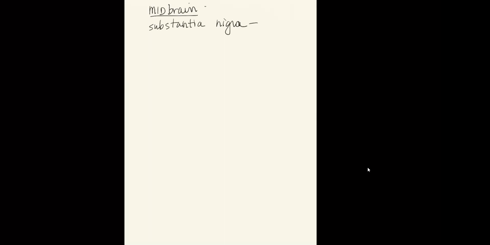Right. Okay, so substantia nigra, the red nuclei, and then we have the reticular activating system, and then the corpora quadrigemina.